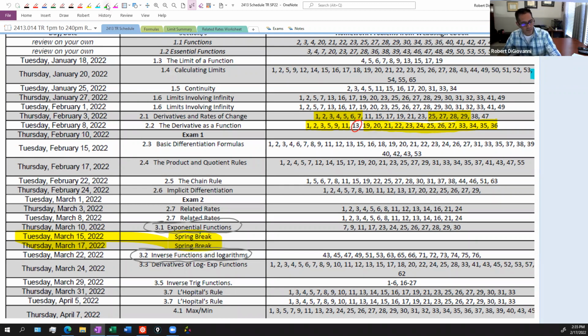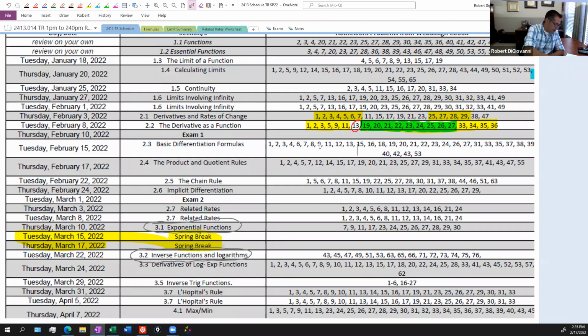Those are very important problems, because all of those you're asked to find the derivative. So all of those are limit problems, right? Where you're applying the formula from the beginning of class. F prime of x equals limit as h goes to 0 of f of x plus h minus f of x all over h. And then you're doing all the algebra to get it to work out. And at the end, you get a new function.